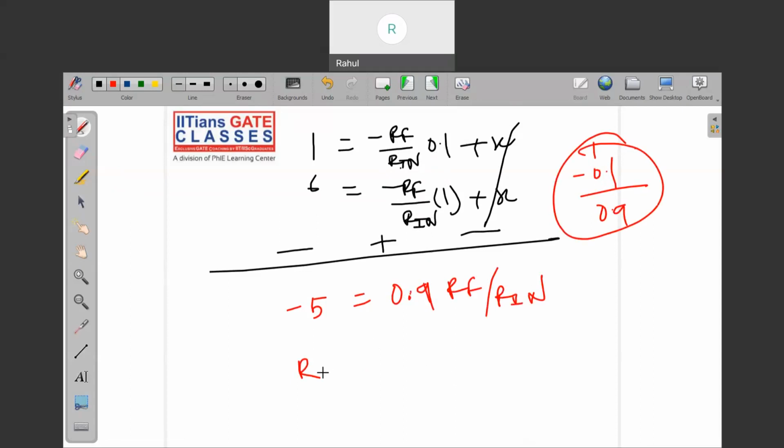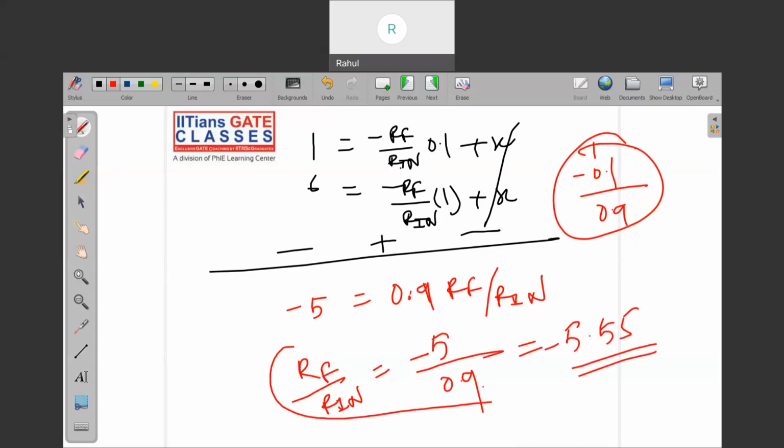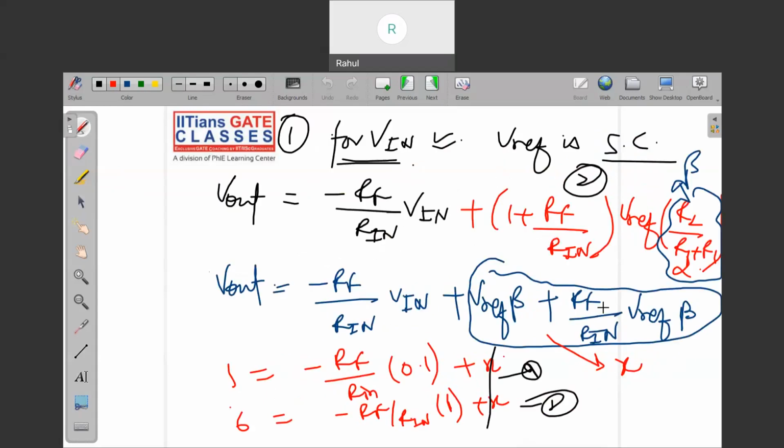So Rf upon Rin is equal to minus 5 upon 0.9, right? So you can divide and you will get what? Minus 5.555 kind of a value, right? This was a very easy question, right? Again, always don't get disturbed with these terms.